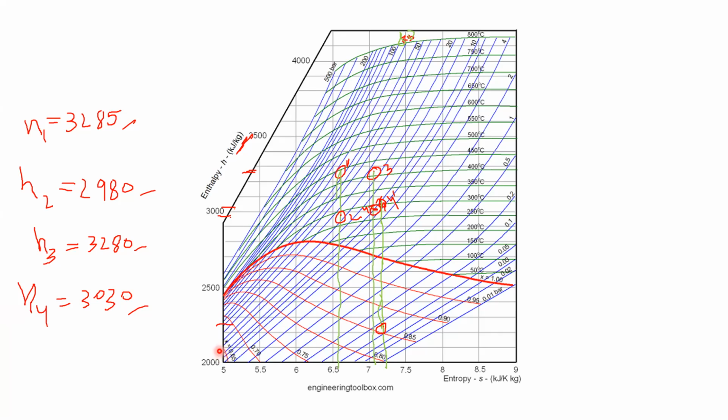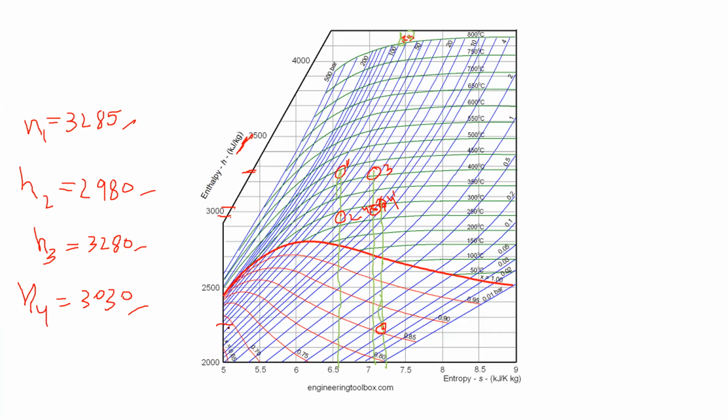This is the 2000, 2100, 2200. Not at that particular position. At this condition only, that line hits that position.